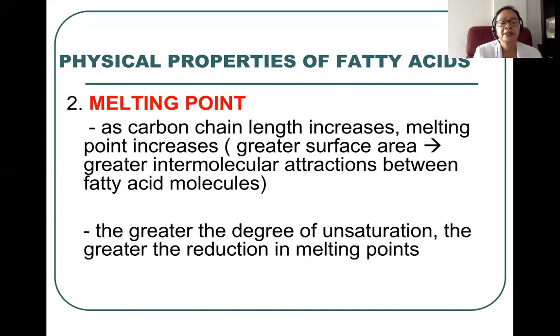The next physical property is the melting point. As the carbon chain length increases, the melting point also increases. And this is due to the greater intermolecular attractions between fatty acid molecules. Therefore, the greater the degree of unsaturation, the greater will be the reduction in the melting points.